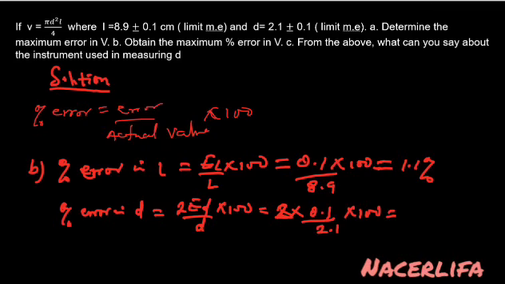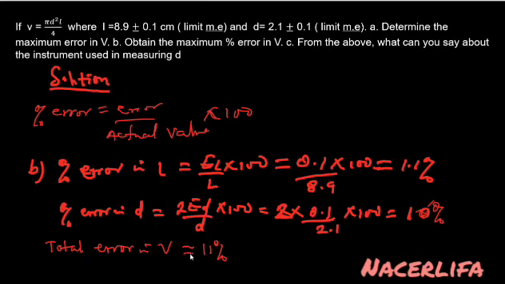So the total error in V will be approximately 11%.